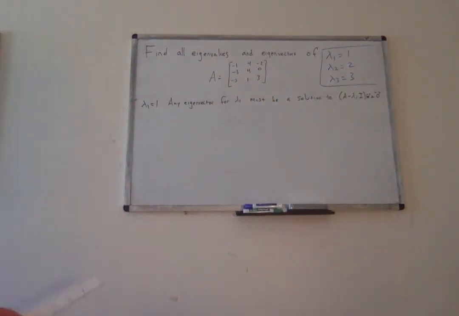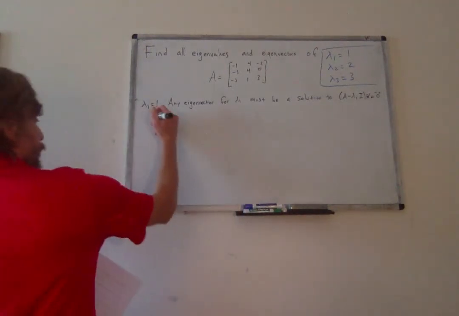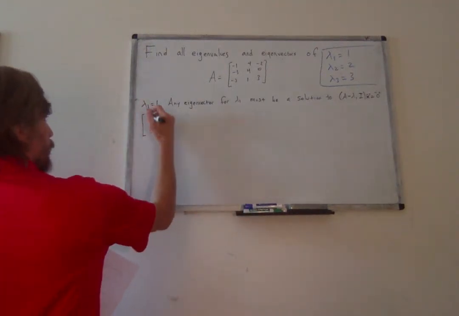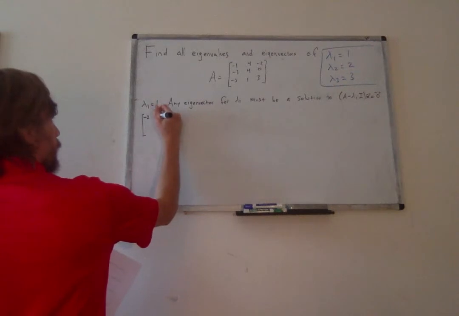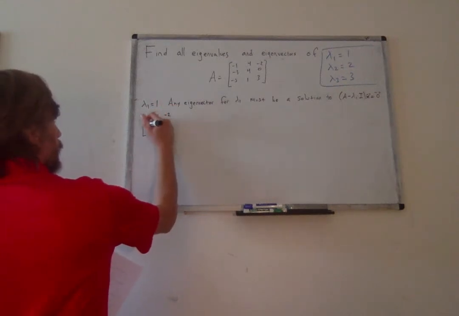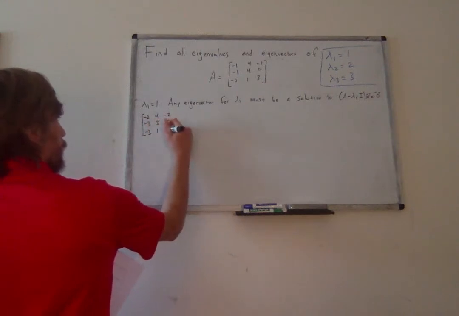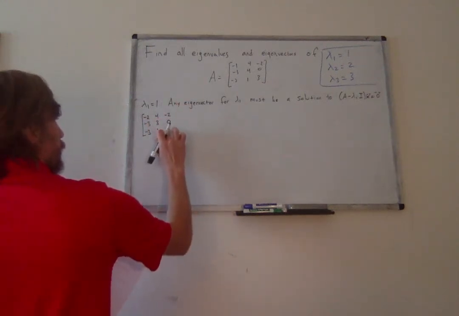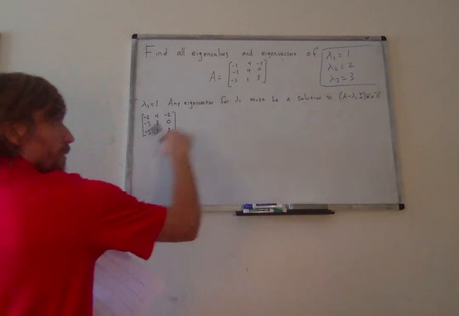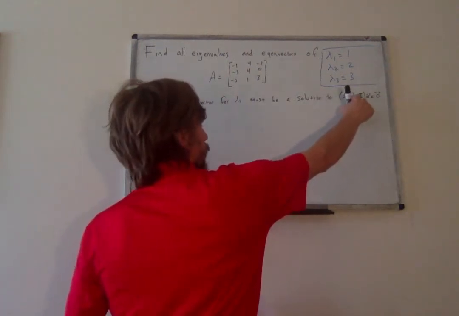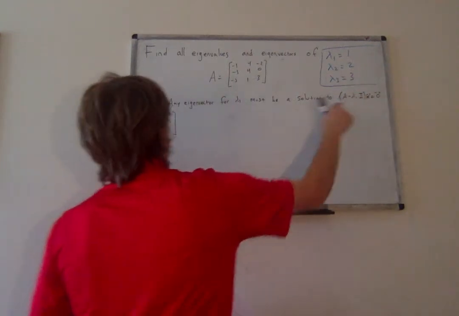So all we want to do is row reduce the matrix where I subtract 1 from each diagonal entry of A. So notice that this matrix is A minus lambda 1, which is just equal to 1 times I.